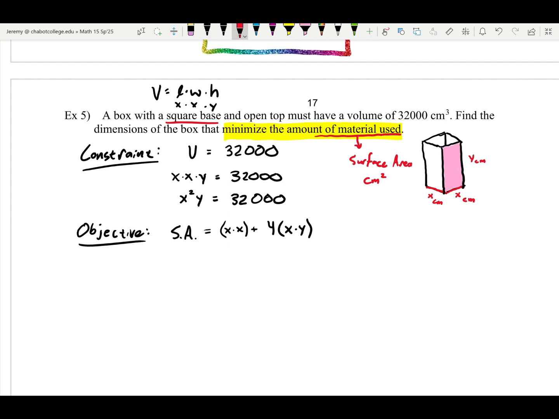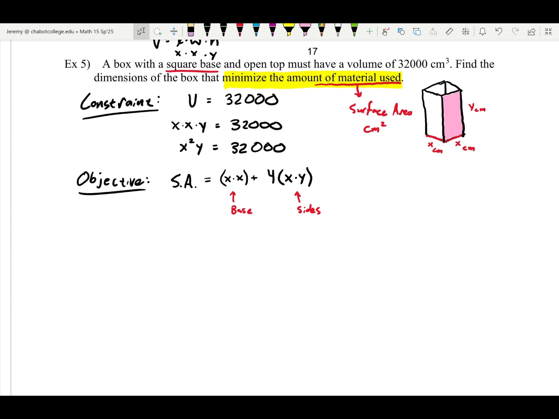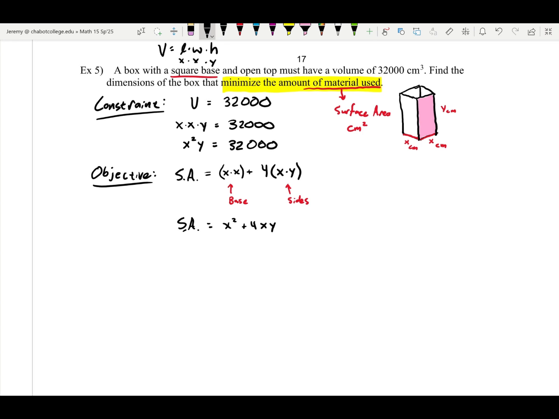Just to be extra clear, that's the area of the base, and that gives us the area of the 4 sides. Simplifying a little bit, I can write this as x squared plus 4xy. That looks pretty good.